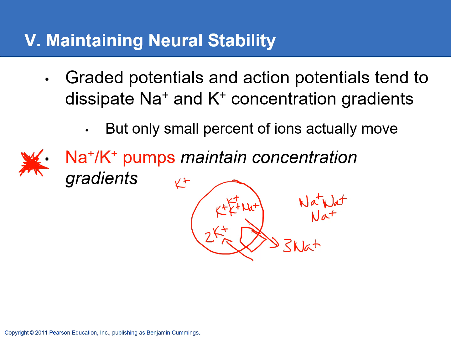Okay, so make sure you memorize those concentration gradients for sodium and potassium. They're just the opposite of each other. And then also the sodium potassium pump is primary active transport. It directly uses energy.